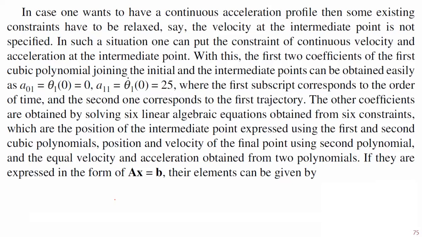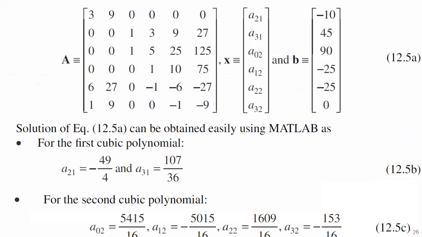If they are expressed in the form of A x equal to b, their elements can be given by the matrix A as shown, x is equal to a21, a31, a02, a12, a22, a32, and b is equal to minus 10, 45, 90, minus 25, minus 25, 0.